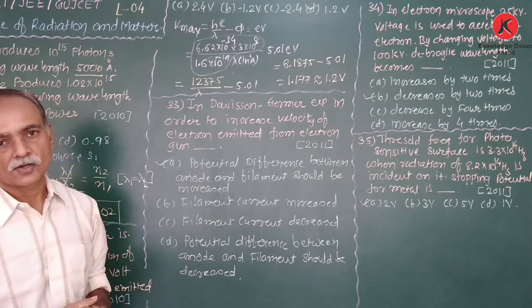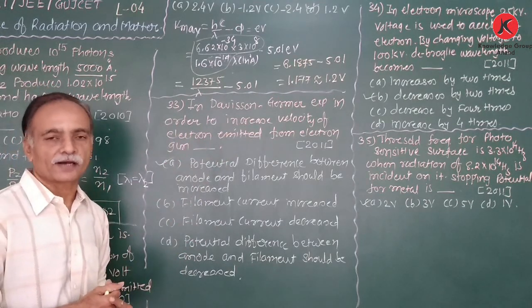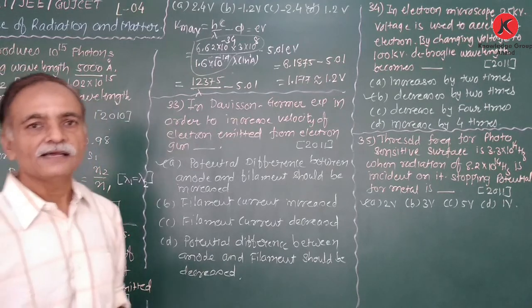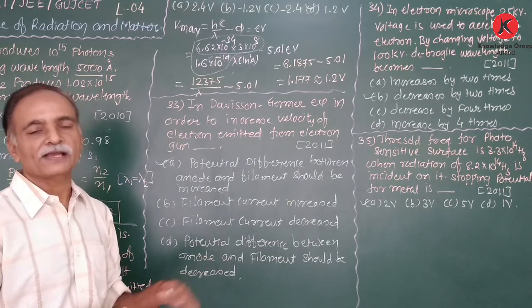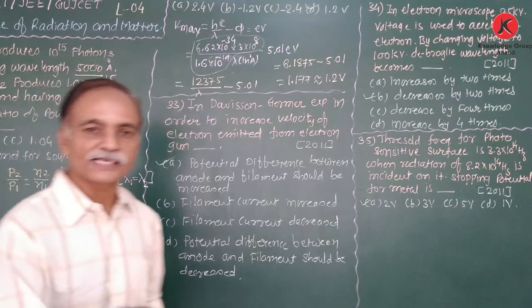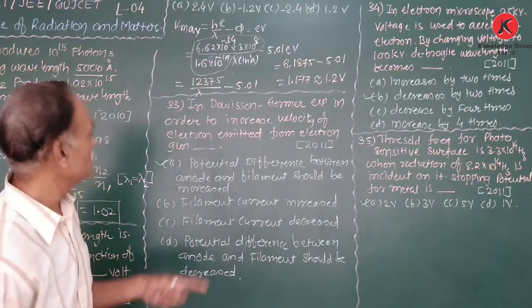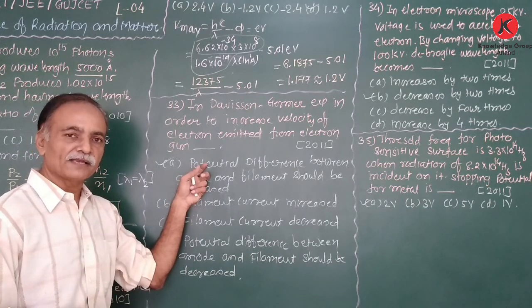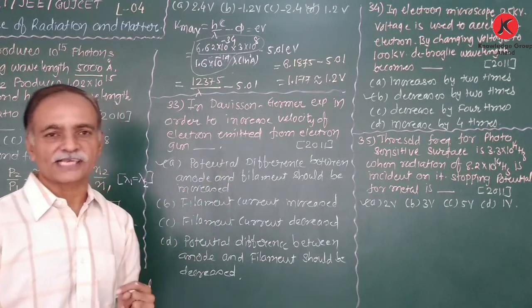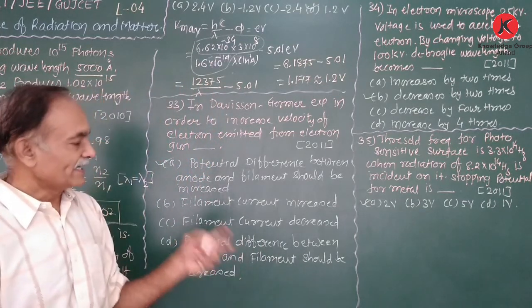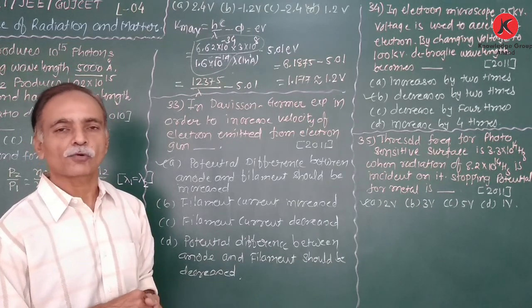Now listen here. What are the electrons emitted from the electron gun? These electrons are accelerated by applying the high tension battery. The electrons emitted from the electron gun have negative charge, so we apply the positive potential on the anode to increase their kinetic energy. Therefore, as we increase the potential difference between anode and filament, and this potential difference is positive, the force of attraction acting on the emitted electron increases, therefore the speed of the emitted electron also increases.